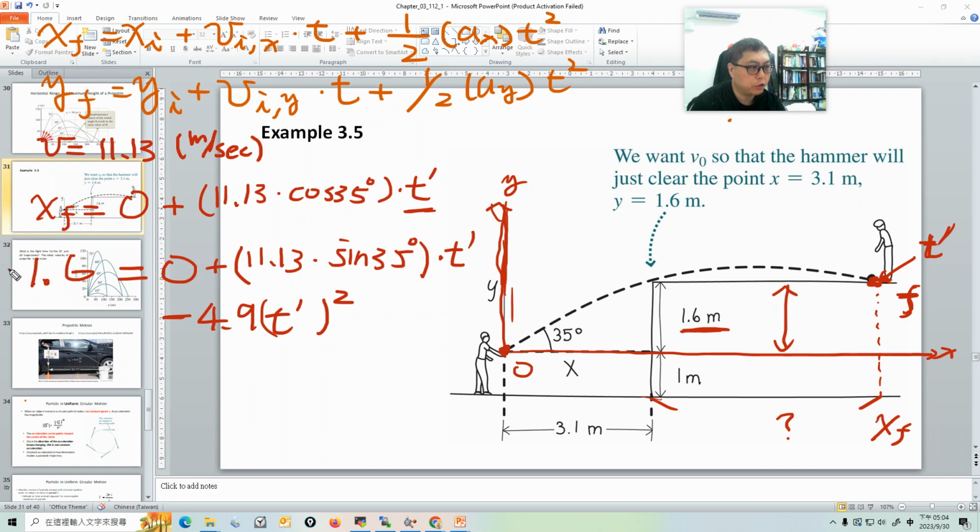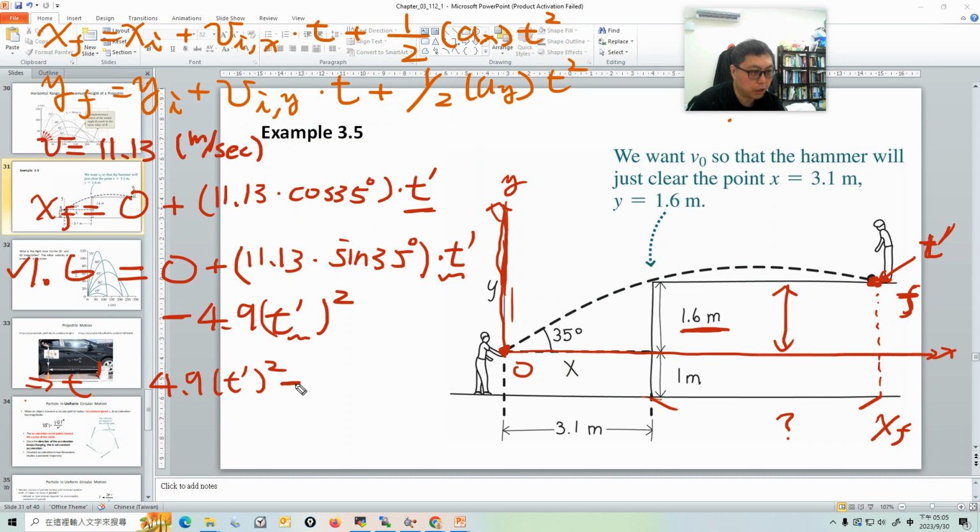From the second equation we can solve for t prime, because in this equation we only have one unknown. The other numbers we all know, including 11.13 sine 35 degrees. We get an equation with 4.9 t prime squared. Be careful to move everything to the left.